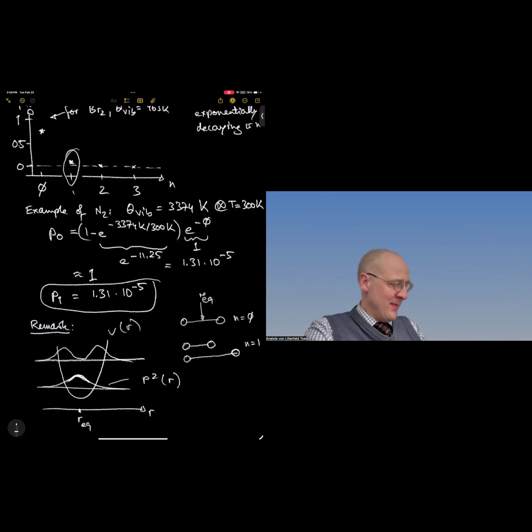So your atom is with equal probability at the equilibrium distance, the first one or the second one, right? You will actually not encounter your second atom at the equilibrium distance. And that probability is 0.